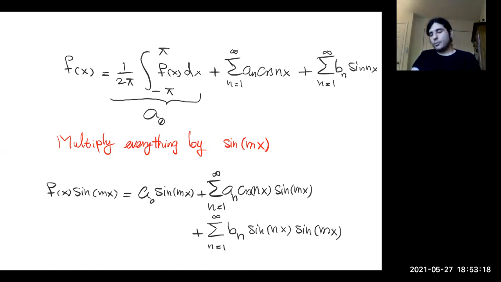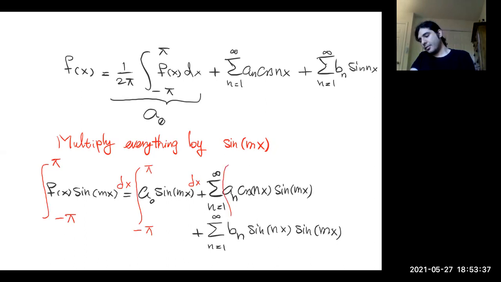Now the second step would be integrating. So take the integral of what we have here, again from minus pi to pi, with dx here, and the integral of this term from minus pi to pi, and the integral of this term from minus pi to pi dx.